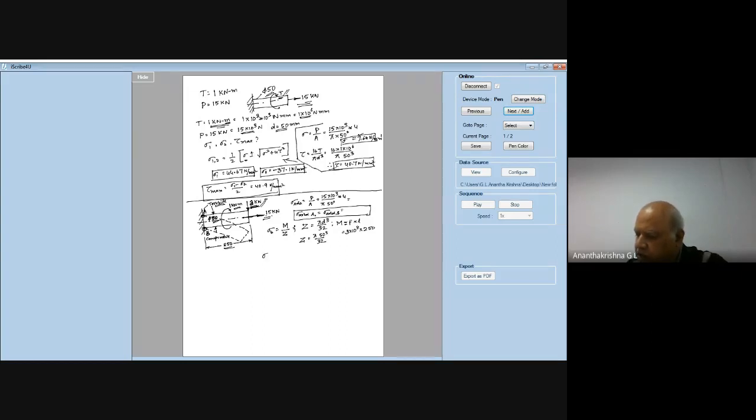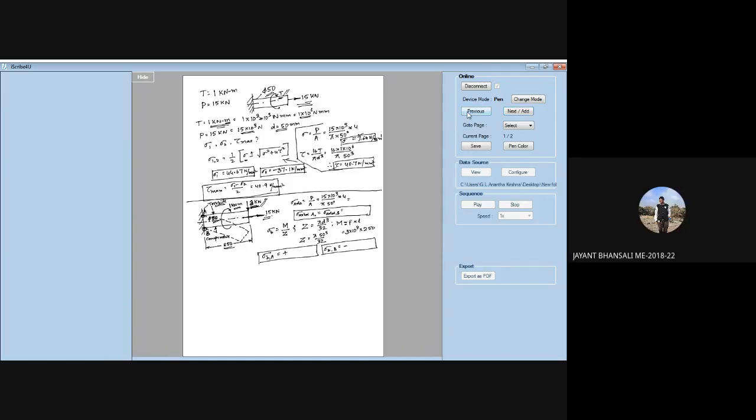You will get sigma bending at A to be a positive value. Sigma bending at point B is going to be compressive, so it's going to be a negative value. Are you with me now?